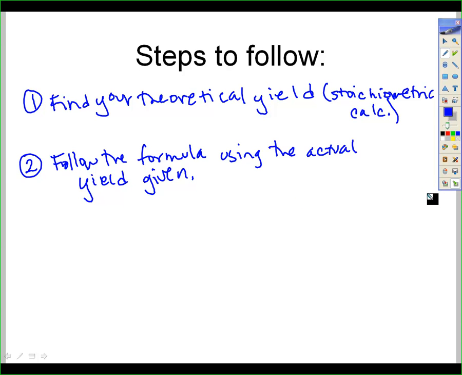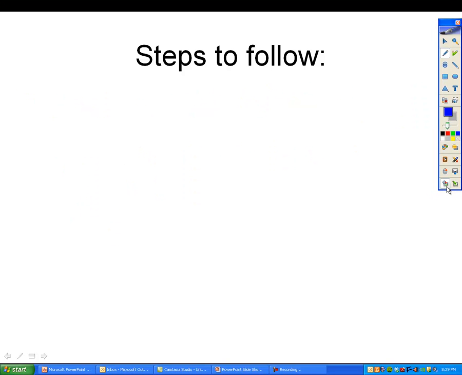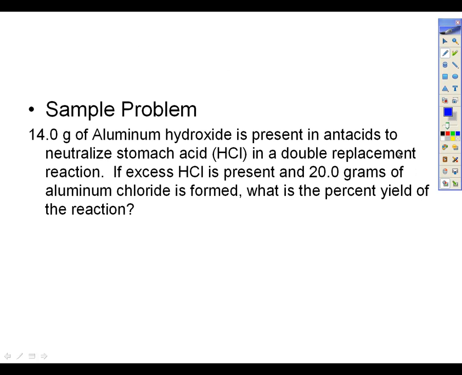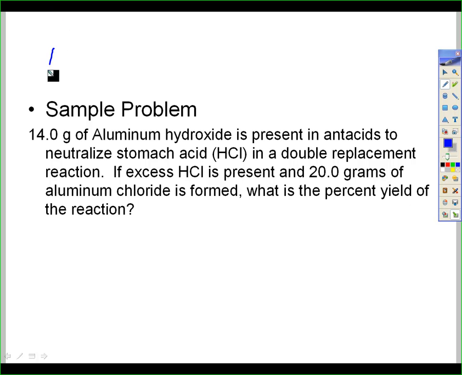So here you go. Let's try one. Sample problem: 14 grams of aluminum hydroxide is present in antacids to neutralize stomach acid in a double replacement reaction. Okay, time out. Let's write this equation. Aluminum hydroxide: Al is +3, hydroxide is -1.